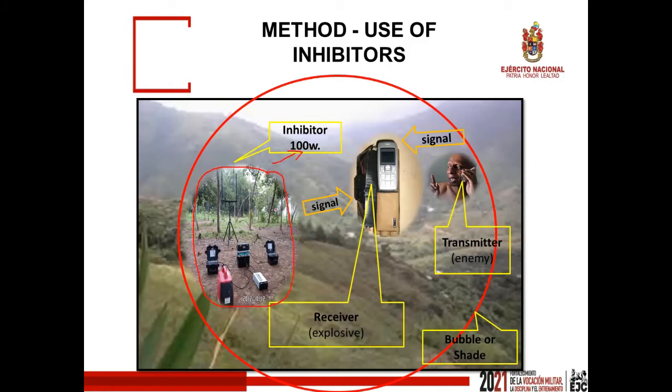This inhibitor sends the signal around the area, more or less 50 meters, and blocks the signals for cell phones, which in this case is the receptor, and in this way the enemy can or cannot transmit the signal through the cellular of the cell phone. The overall shade is more or less 50 meters.